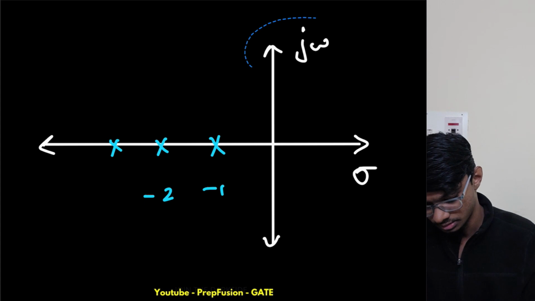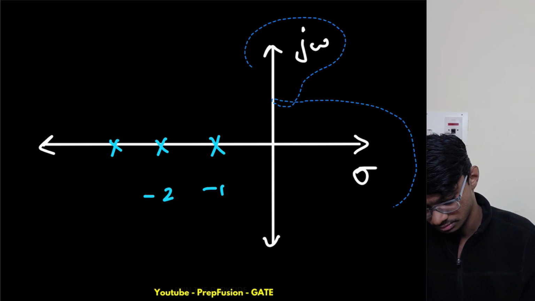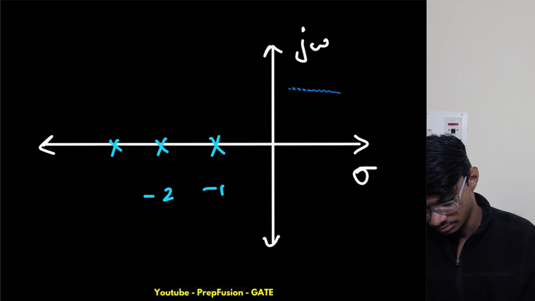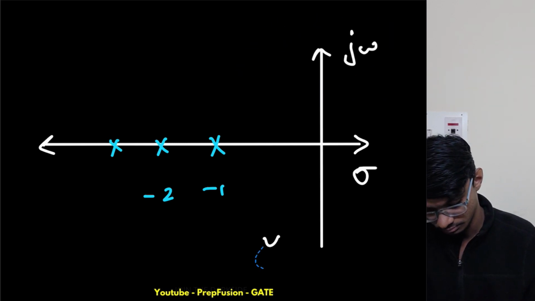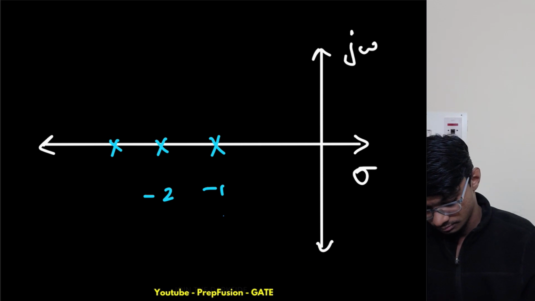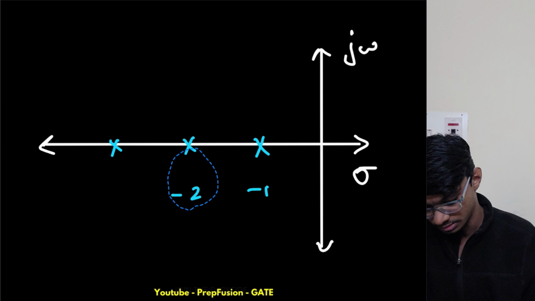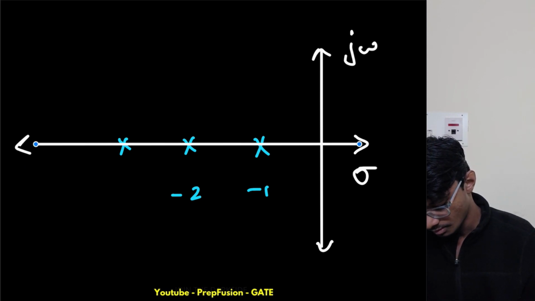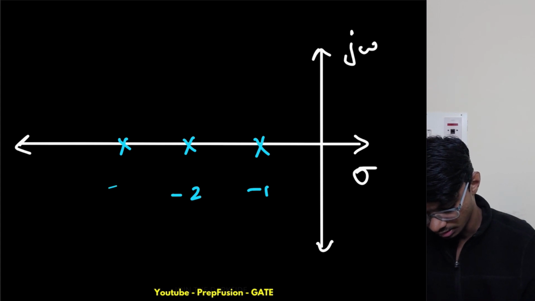So this one is here, this one is here, and this is -3 here, and this is -4.